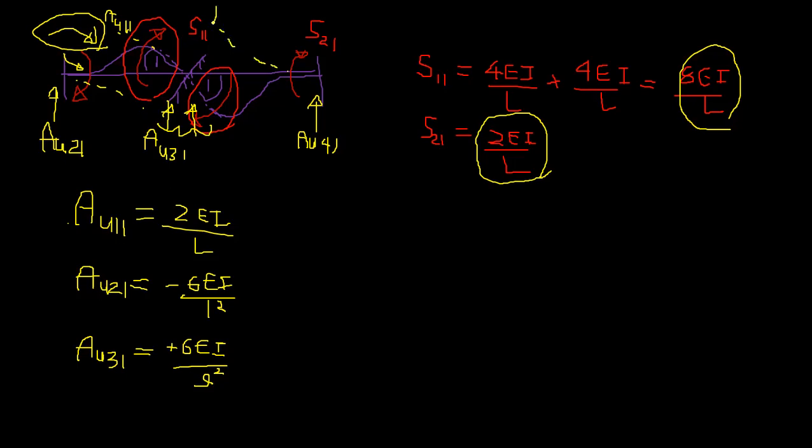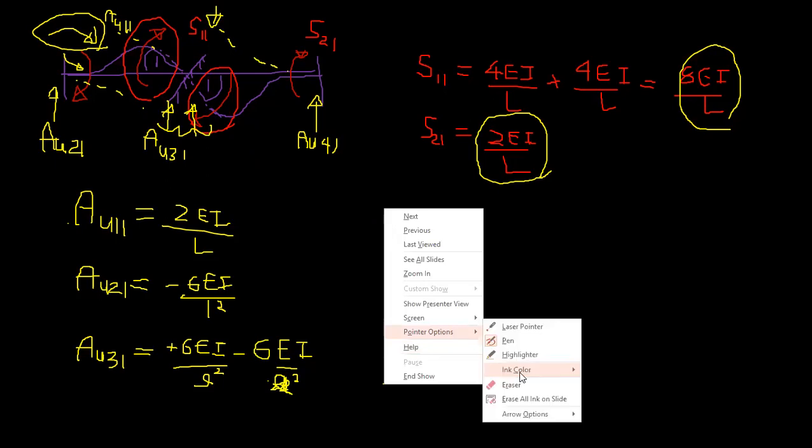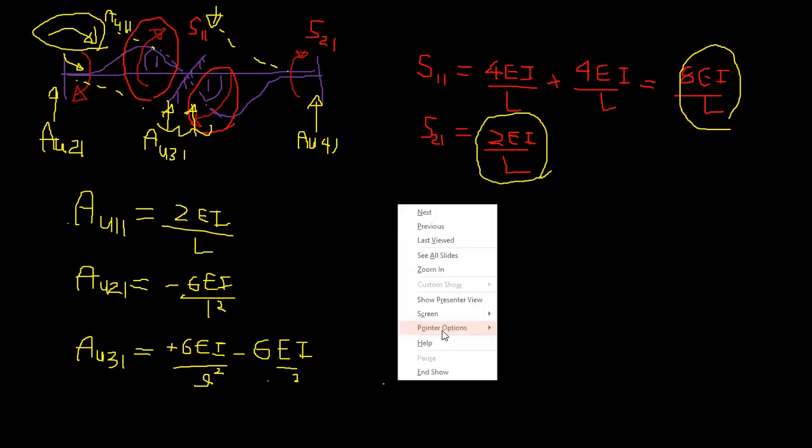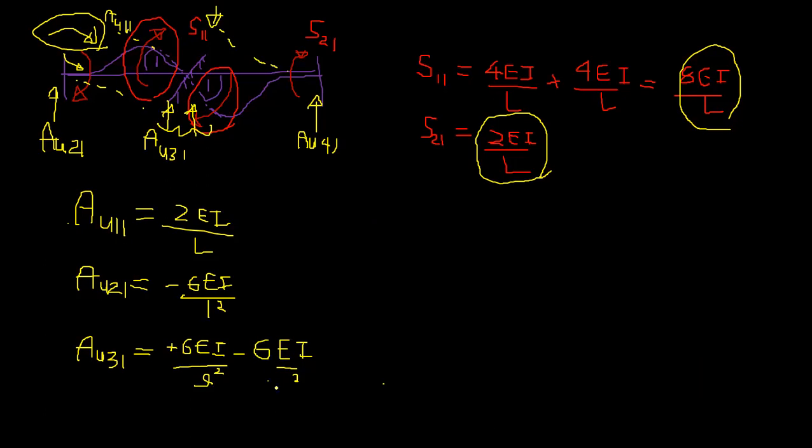So this should push this back. So that means it's in the downward direction. Six EI over L squared. Okay. So this brings you to 0.